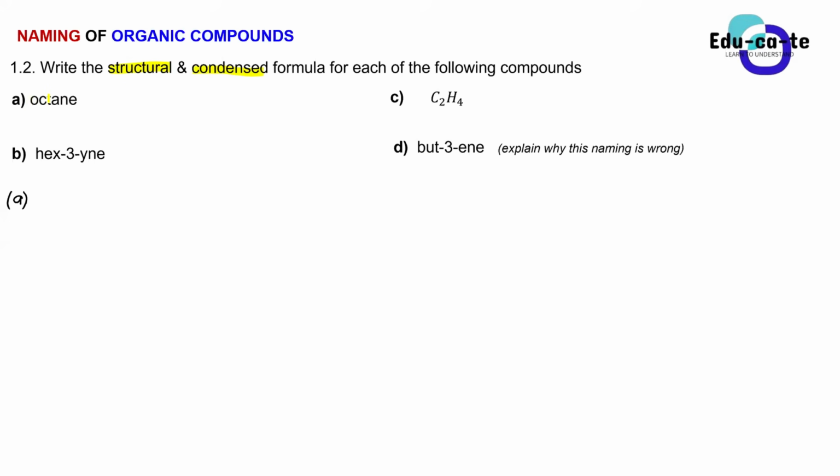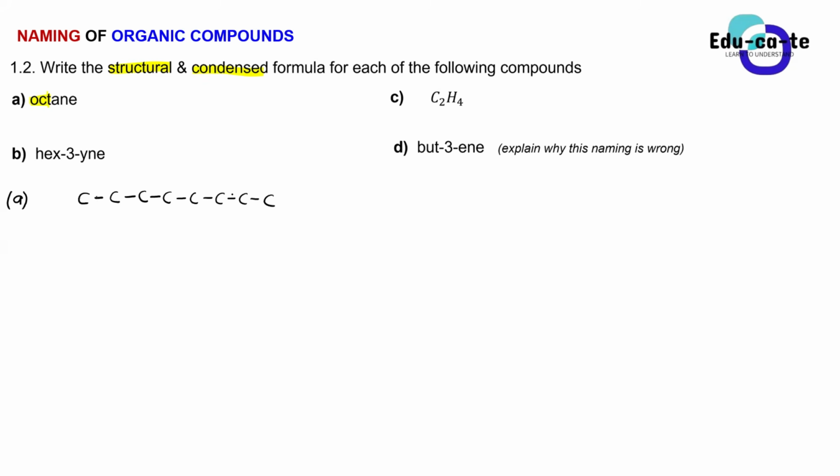Yes, because it's oct. This oct is telling us we have got 8 carbons in the parent chain. So we are going to write 8 carbons: 1, 2, 3, 4, 5, 6, 7, 8.